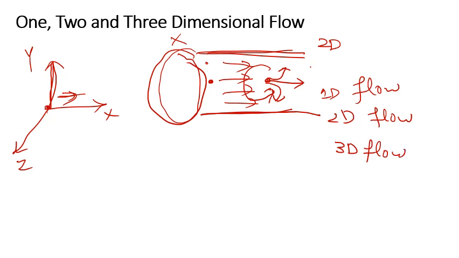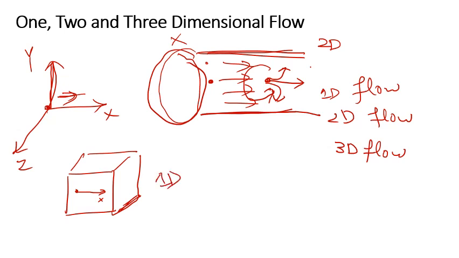Now we consider a cube case example. This is a cube, this is a room. Let's say that if this is a fluid particle and we are considering the flow just moving in this x direction, then this is called one dimensional flow.